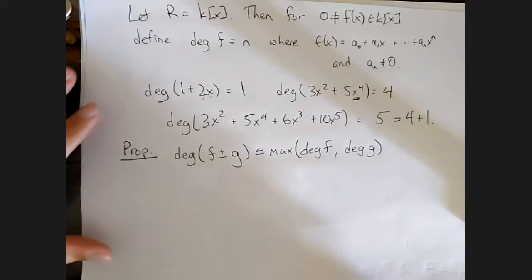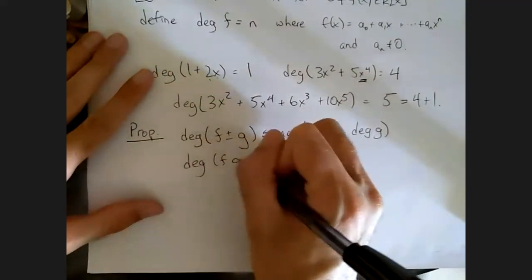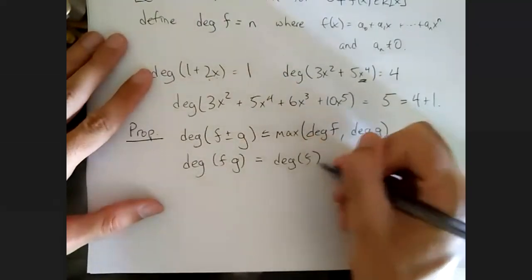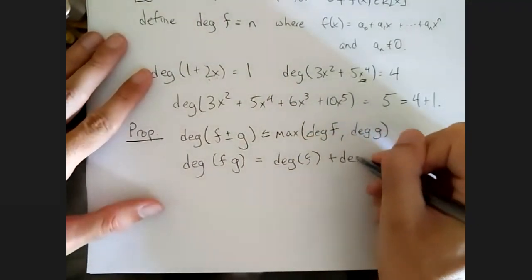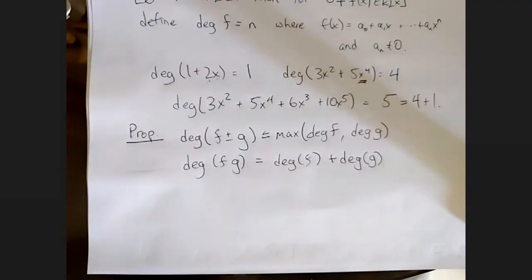And the degree of f times g is equal to the degree of f plus the degree of g. So that gives you a good idea of how the degree behaves.